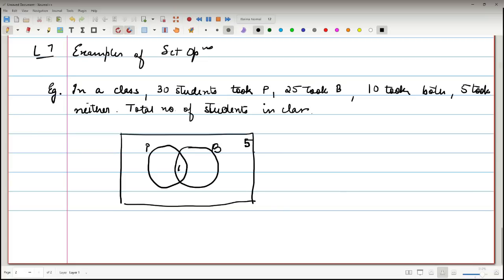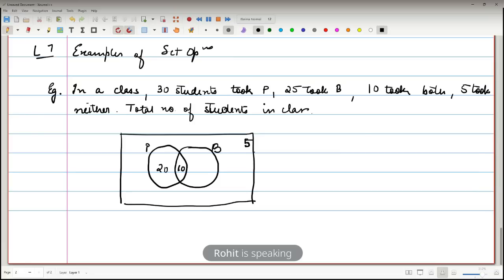Okay. 10 students have taken both physics and biology, right? Till here it is clear? Yes, sir. Good. So 30 students took P, means physics. But out of 30 students, 10 had also taken biology. So that means the students that took only physics were 20 in number, right?